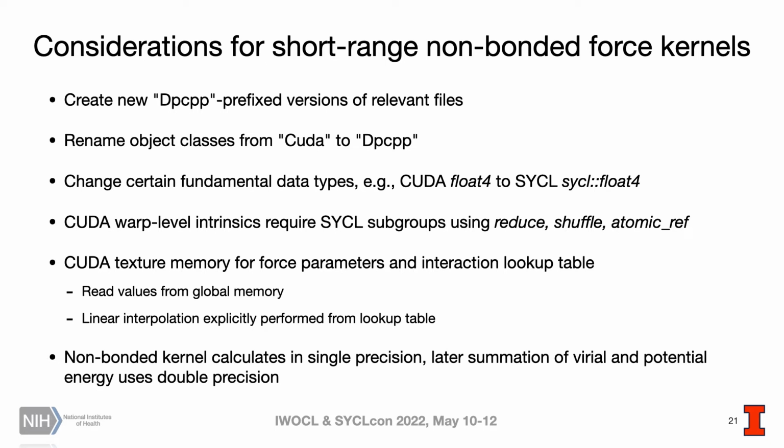To convert this to SYCL, we have to read values from global memory and explicitly perform the linear interpolation. We note that the non-bonded kernel calculates in single precision, while the later summation of tensor virial and scalar potential energy uses double precision.